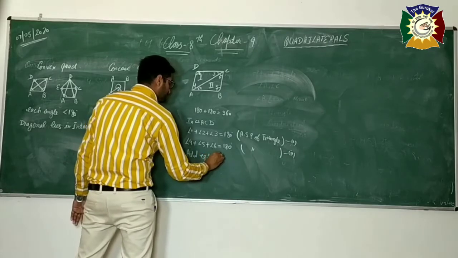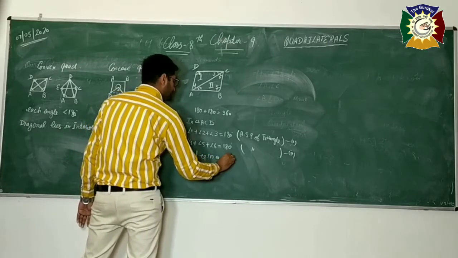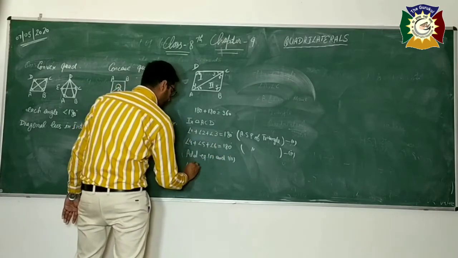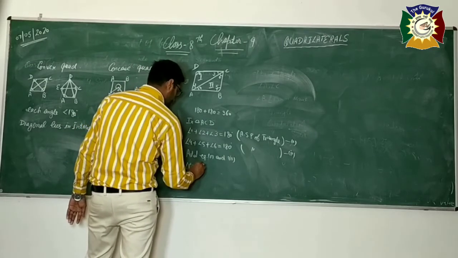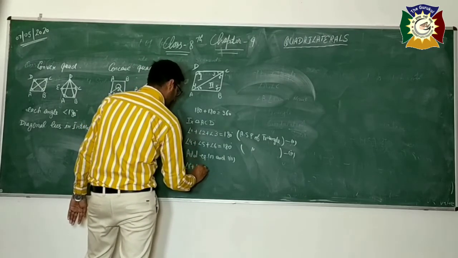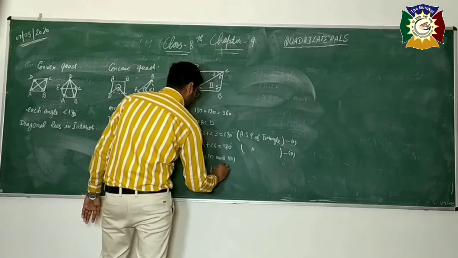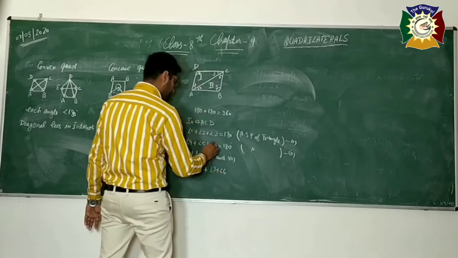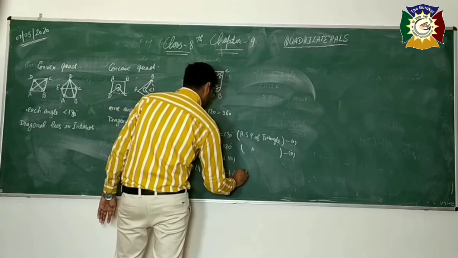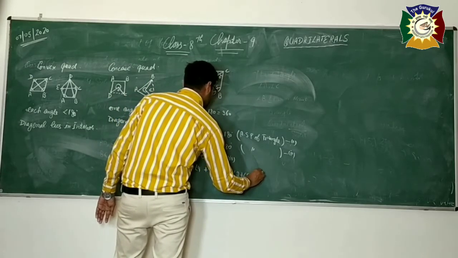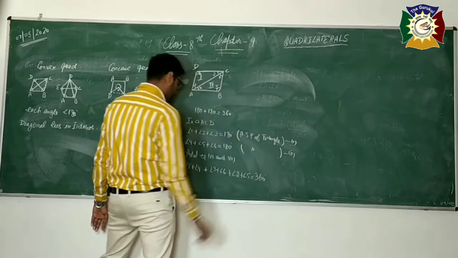So when we add equation 1 and 2, we get angle 1 plus angle 4, angle 3 plus angle 6, and angle 2 plus angle 5 is equal to 360.